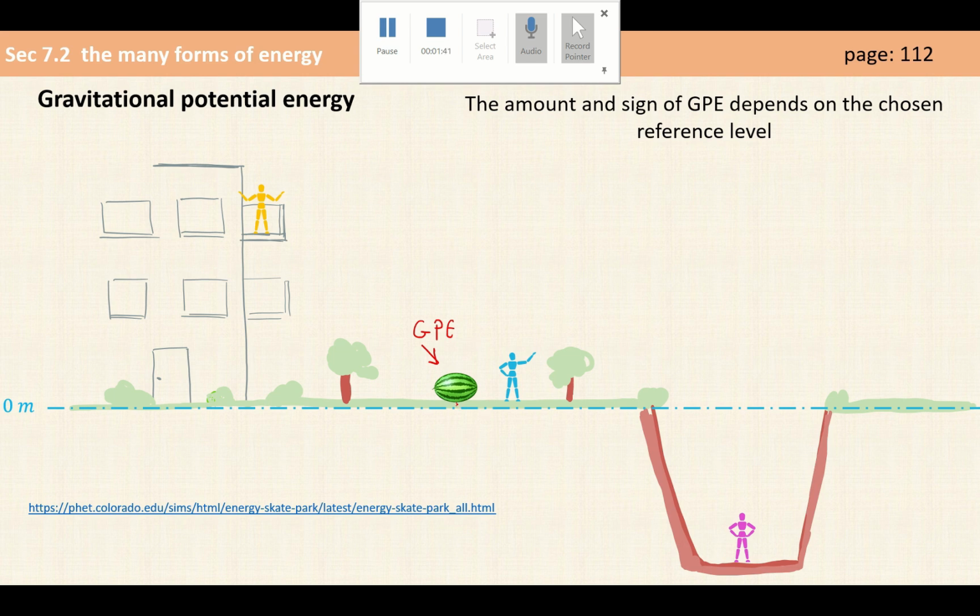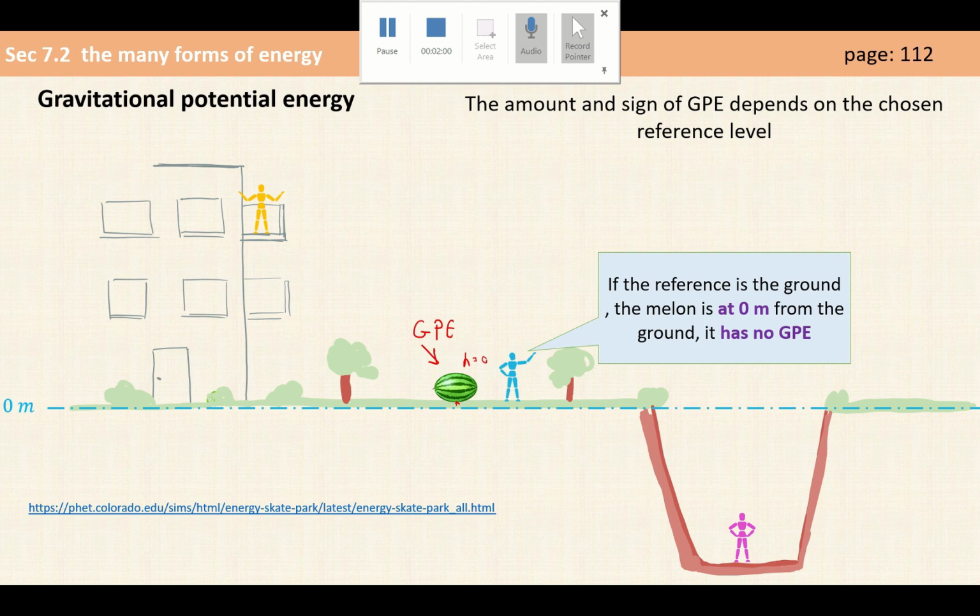So how far away is it from the surface of the ground? Well, because it's placed on the ground and we're measuring the heights from the ground, the height here is 0. It's not lifted, nor is it below the reference level. Hence, if the reference level is chosen to be the ground, the melon is at a height of 0 meters from the ground.